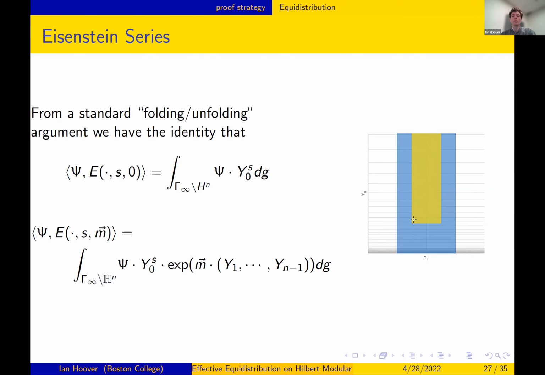And then for the function in the y1 direction, if we're restricting to some indicator function there, what comes out is this for the other Eisenstein series. So for m in Z to the n minus 1, we end up with the Fourier series corresponding to our phi function, which is what we restricted the orbit to in the y1 direction.